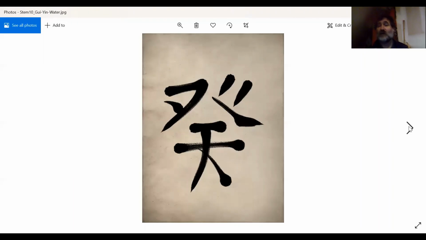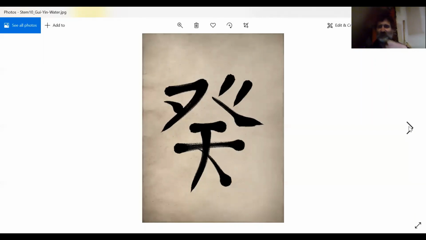And finally, yin water. So yin water is a gentle stream, a calm pool. Yin water is very nurturing, nourishing, right? Soothing. Yin water.